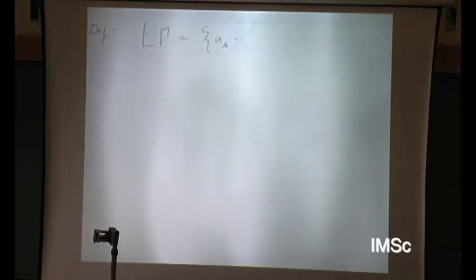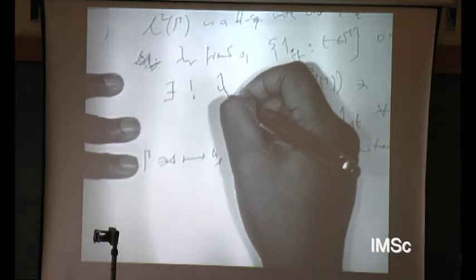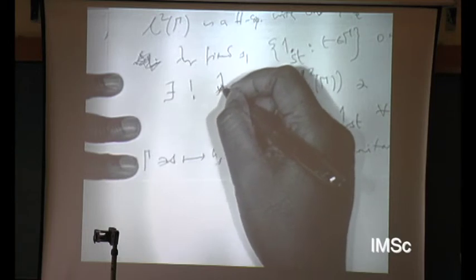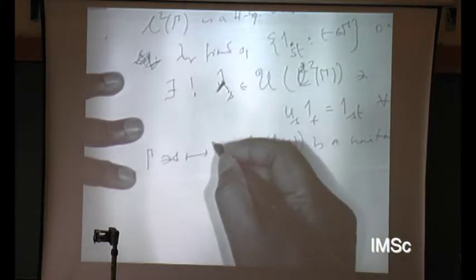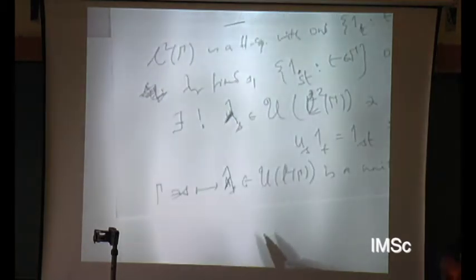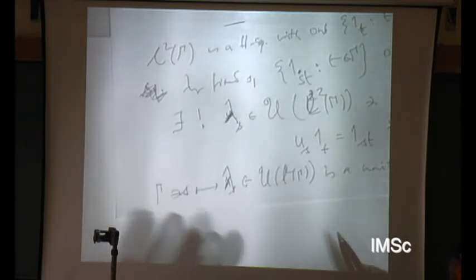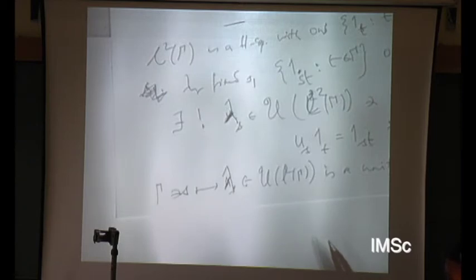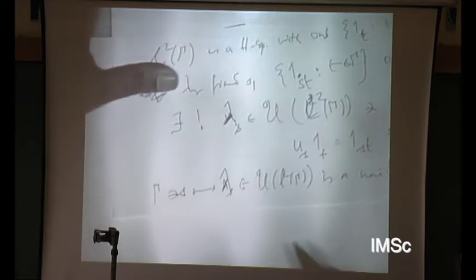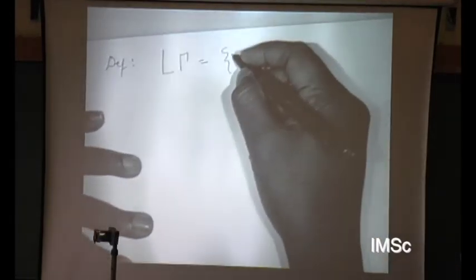I'm sorry, I've changed my notation. I call this lambda S. Lambda for left, because there is left multiplication. T going to ST is left multiplication by S, so we call it lambda S.